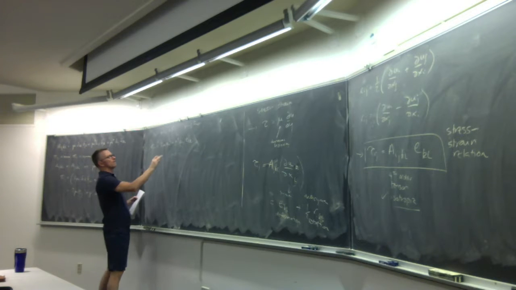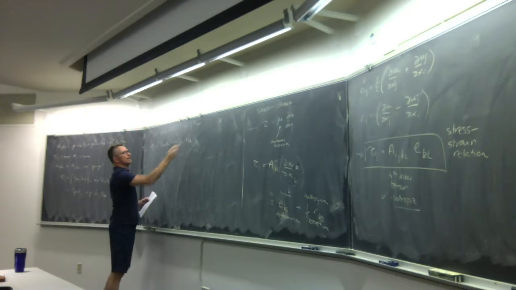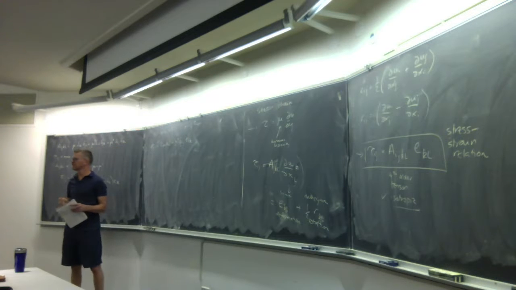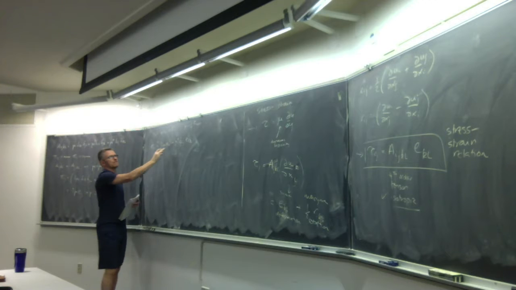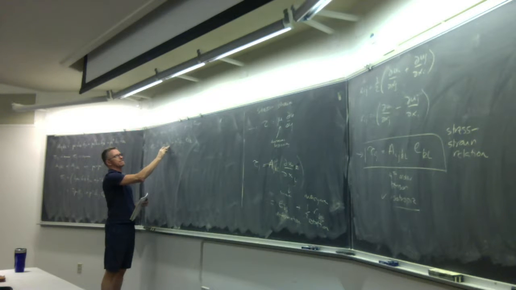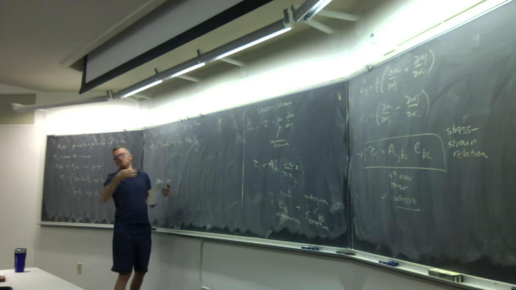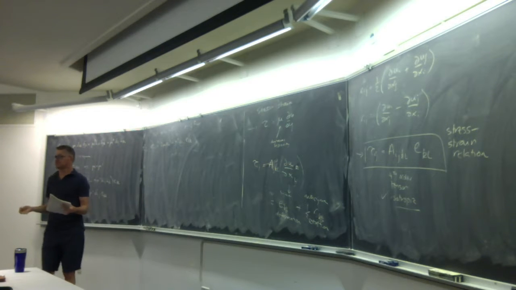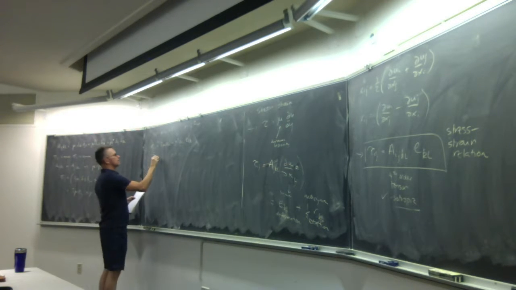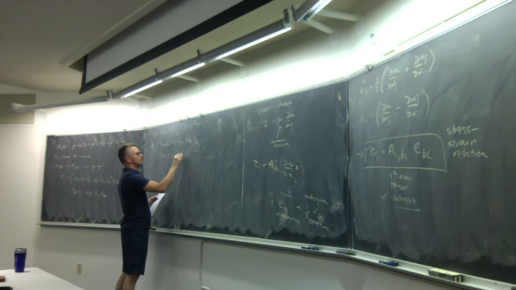Well, what's the difference between e_ii and e_kk? Nothing. They're the same thing. This is just a dummy index. All it says is repeat. You know, i and i says repeat 1, 2, 3: e11, e22, e33. This says the same thing except the dummy index equals k. So these are actually the same thing. So this is 2 mu times e, whatever one you want to call it. Call it kk in my notes.